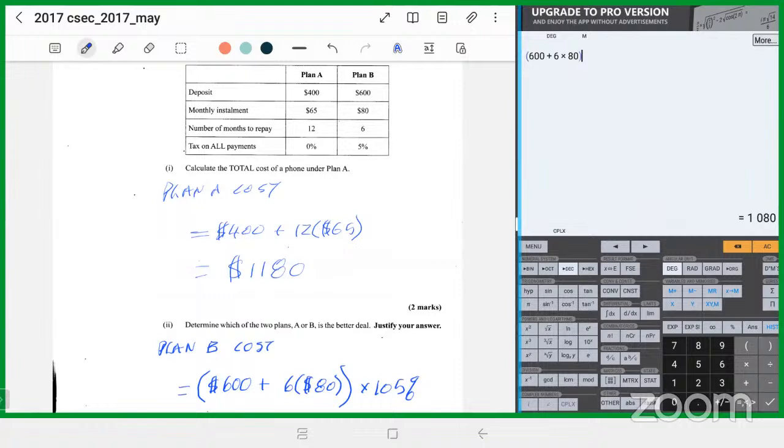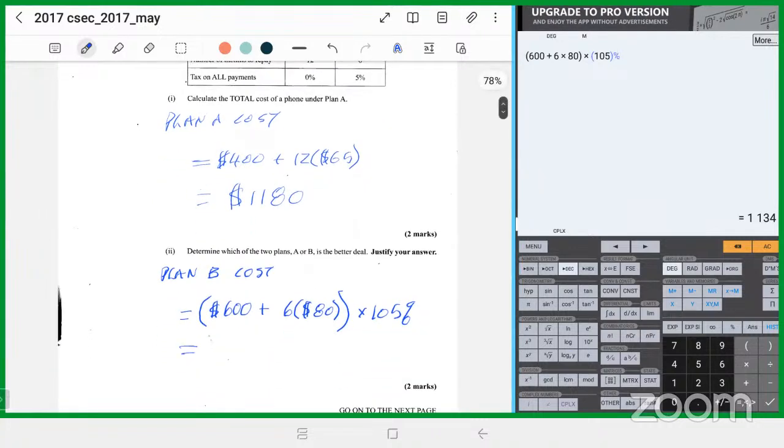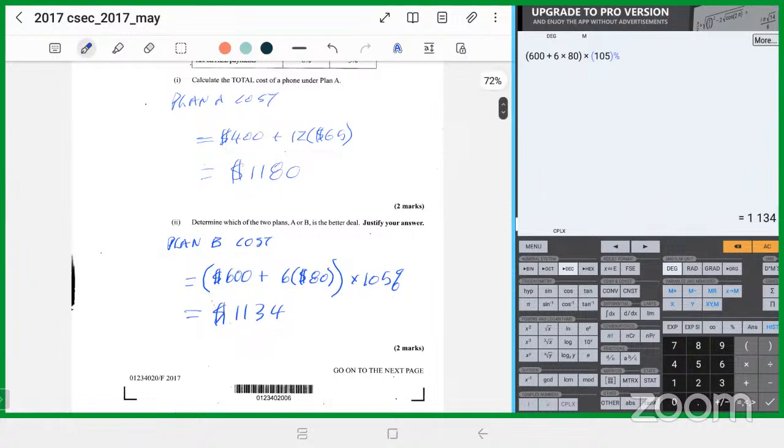Close the bracket. And I'm going to multiply that by 105%. And it tells me that I'm paying 1134 for this one, which is cheaper. So Plan B is the better one because it is cheaper.